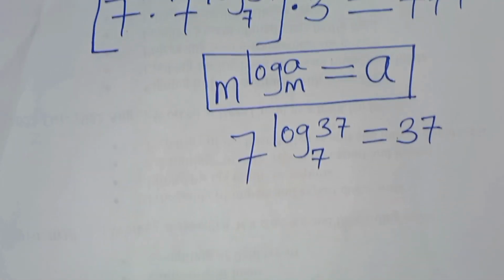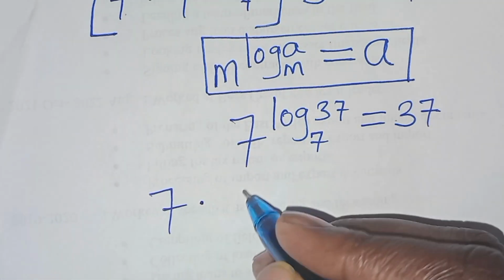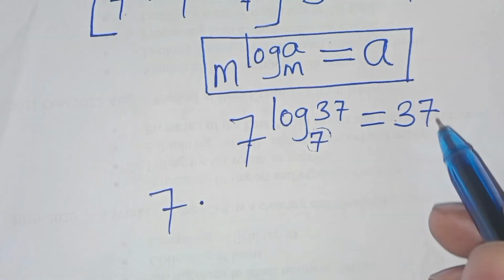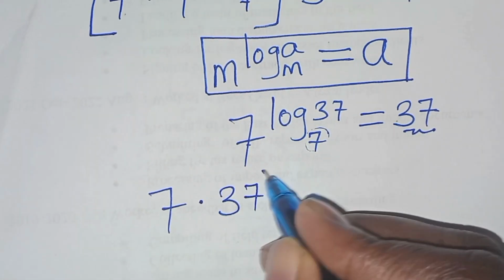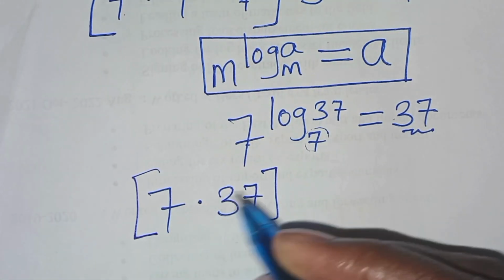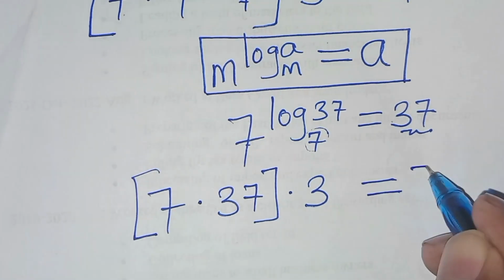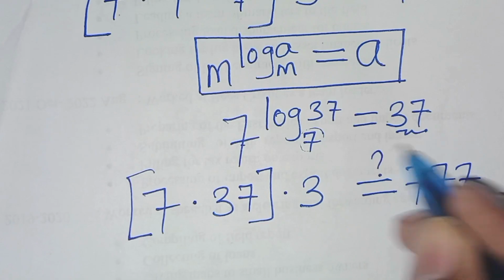So let's substitute this. We have 7 times 7 raised to the power log 37 to base 7, which is 37. So 7 times 37, everything multiplied by 3. This is supposed to give us a value of 777. Let's check if this is true.